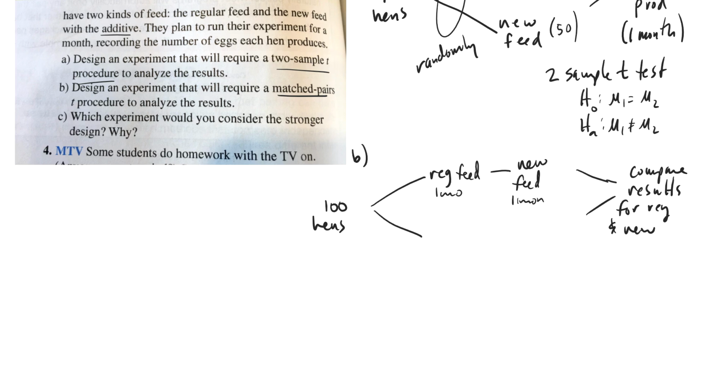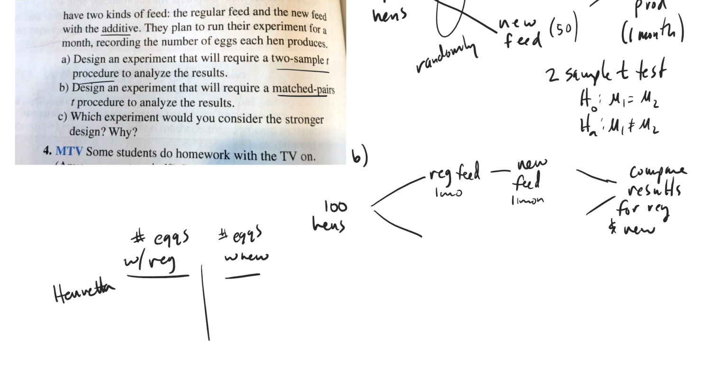That would be matched pairs because I would have the number of eggs with the regular, the number of eggs with the new, and I've got, let's see, Henrietta the hen. I could see how many eggs she laid with the regular, with the new, and I can't do a 2-sample test because again they're related, it's the same hen, so I would look at the difference, right? I would say the regular minus the new, and I could keep going down the list that way.